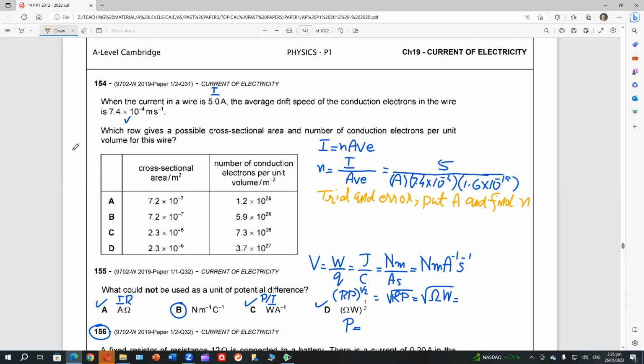A is coming wrong. Yes, it is coming like 1 into 10 power 10 something. Okay. B is also coming wrong.